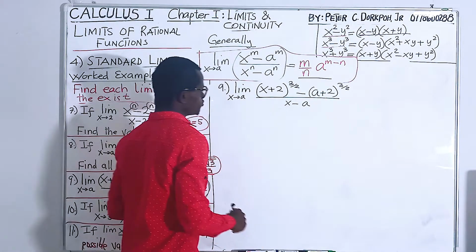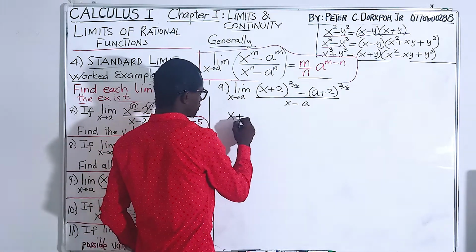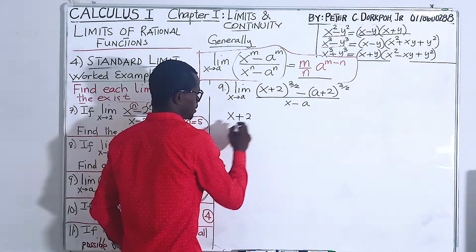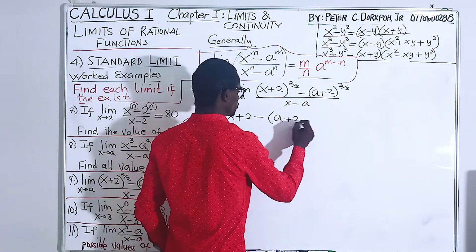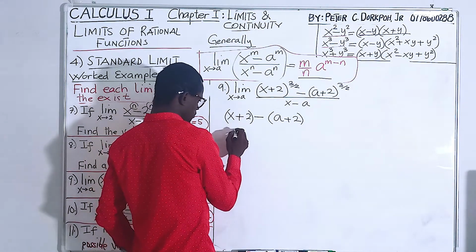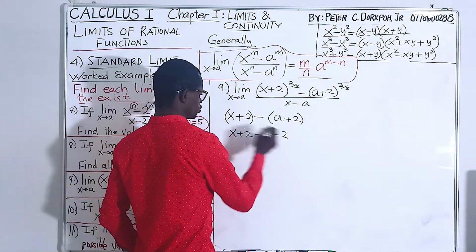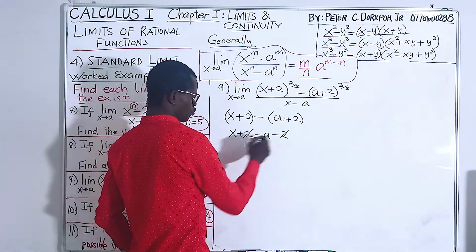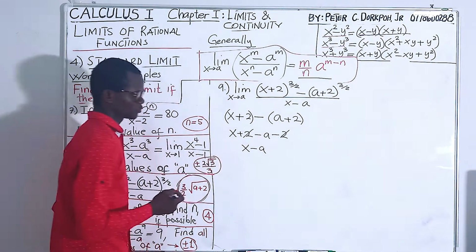No. This base, is it the same base here? No. But observe something. Do you know that x plus 2 minus a plus 2, if you simplify it, x plus 2 minus a minus 2, the 2 carries out, is just equal to x minus a, which is the denominator?